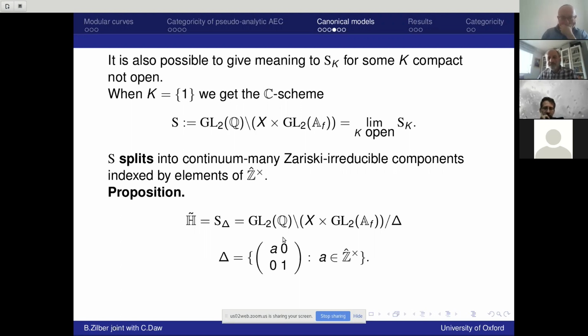This is not difficult to check, and so our questions become very close to just the theory of canonical models, which is well developed now because there is a good 150 pages paper by James Milne, which gives all the details of this theory.